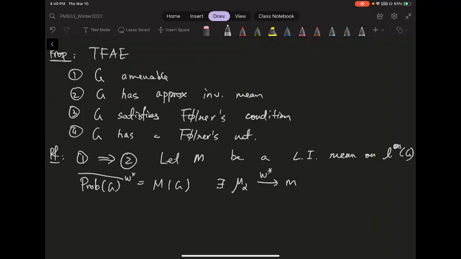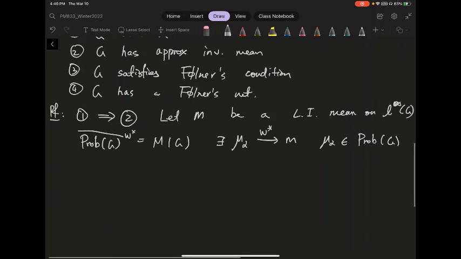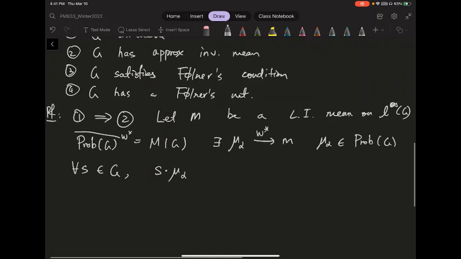Each of these mu alpha comes from the probability space of G, or you can think about really the L1 functions, which sum up to 1 and are non-negative. If I consider every s inside G and their left translation, s left translate by mu alpha, minus mu alpha, that is going to weak star converge to the left translation of the limit.